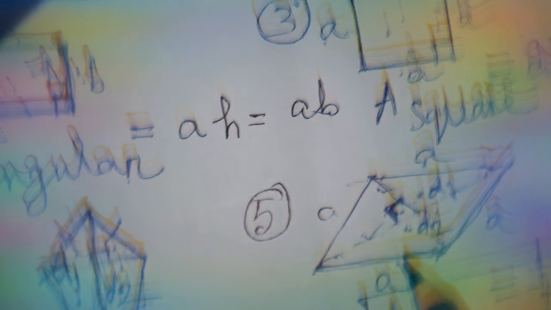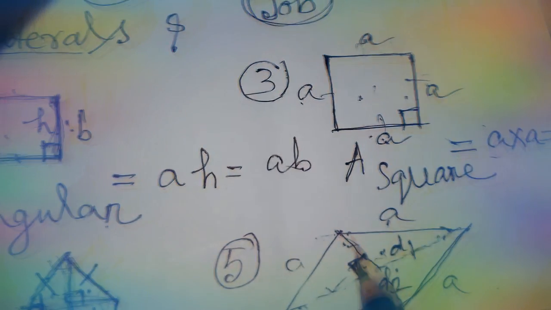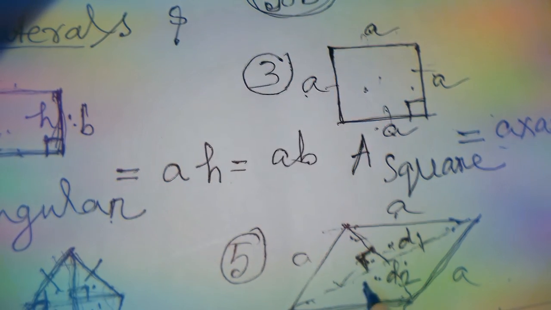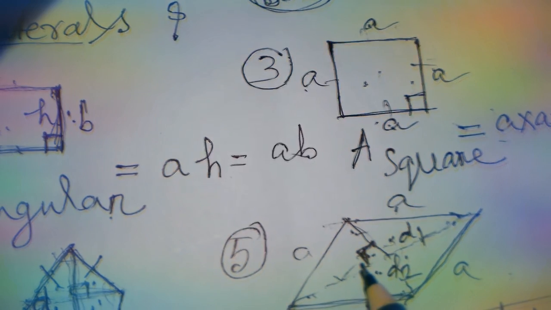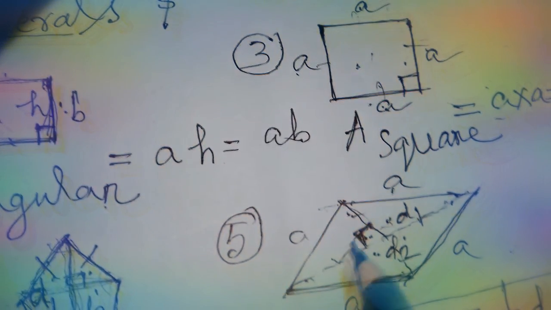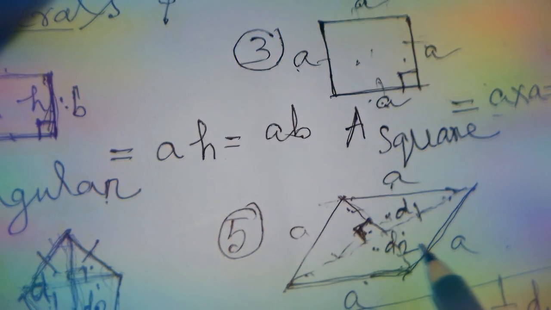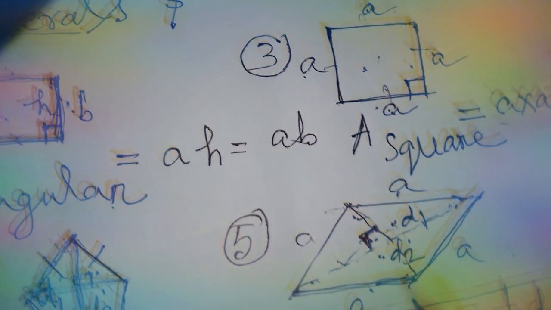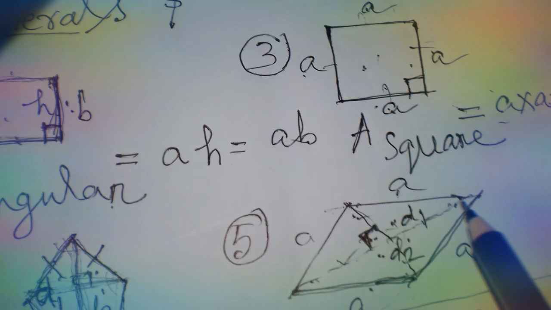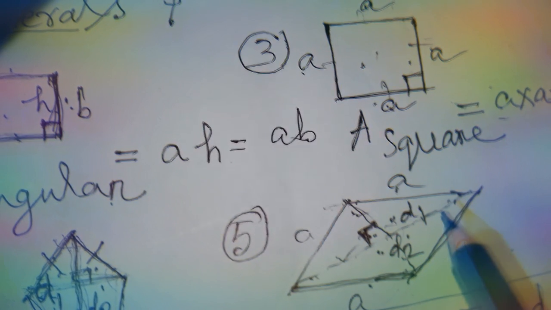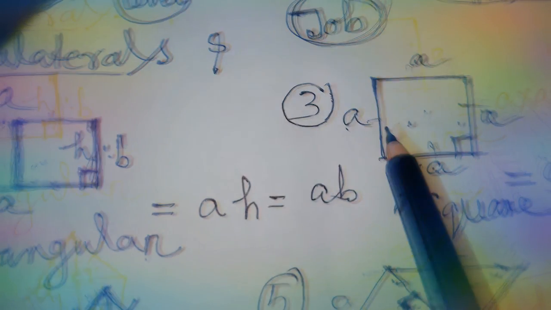So the difference between the square and the rhombus is that in the rhombus no angle is 90 degree. If any angle gets 90 degree, then it will be converted into a square.